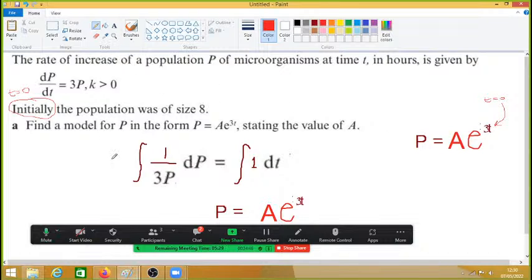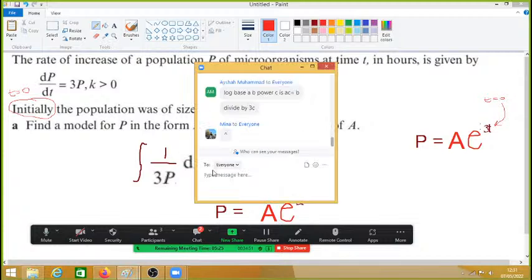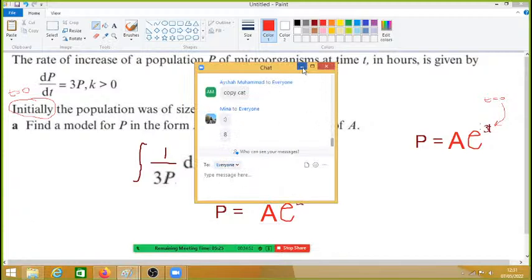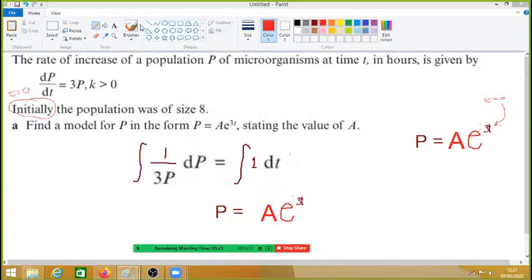But what about P? Is there anywhere in the question where I've got a value for P? Fantastic, 8.